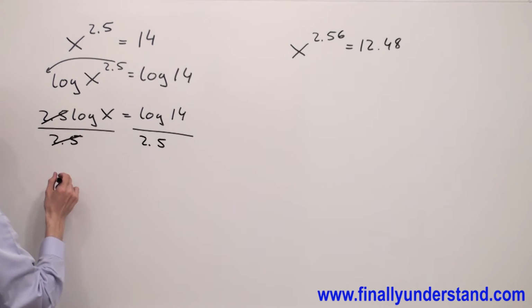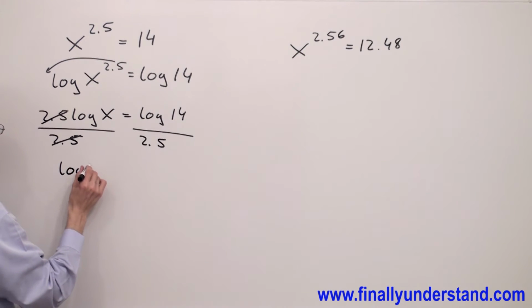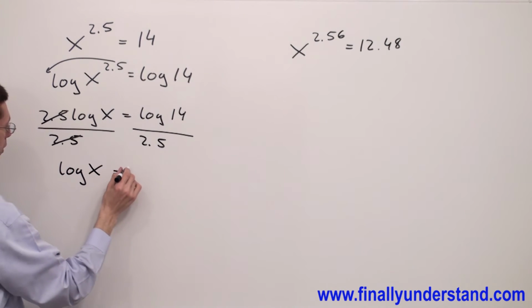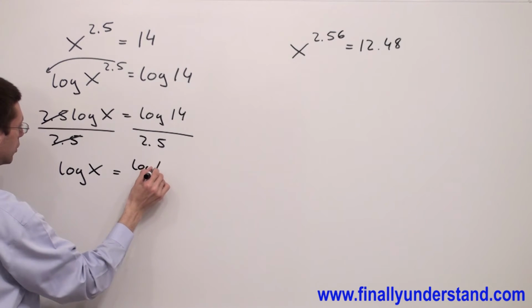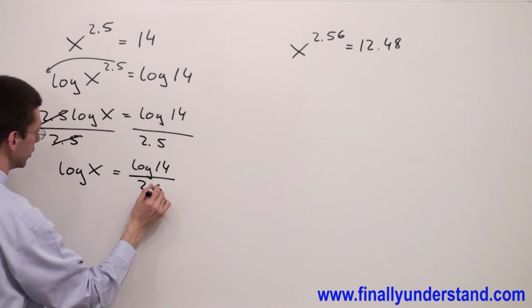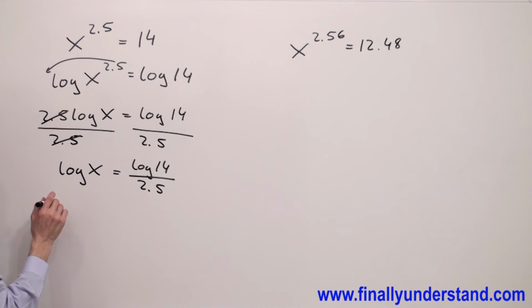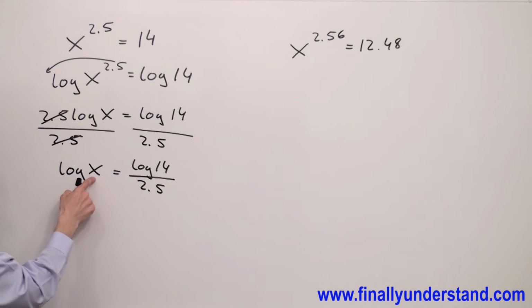And 2.5 will cancel out, and I have log x is equal to log 14 over 2.5.